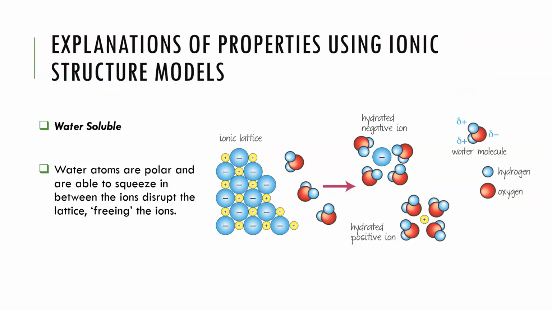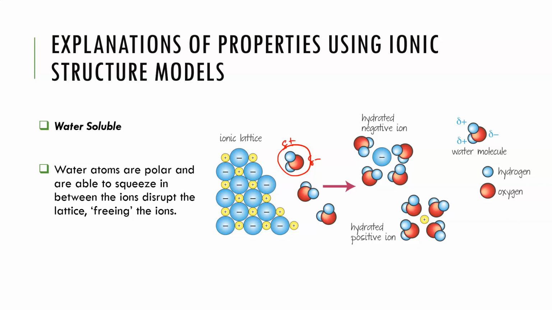If we think about water solubility, this will start to make a little bit more sense once we do covalent as well. But essentially what we're looking at is water is what we call a polar molecule, okay? And like dissolves like. This means that water molecules have a little delta plus and delta minus. This delta means that it's an almost charge.